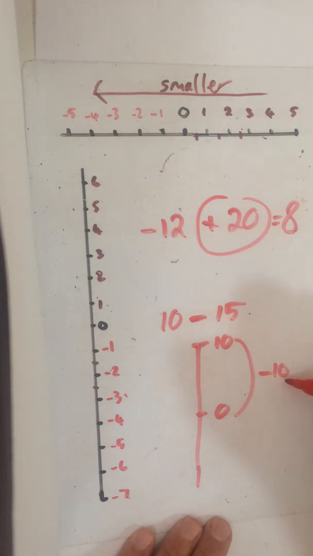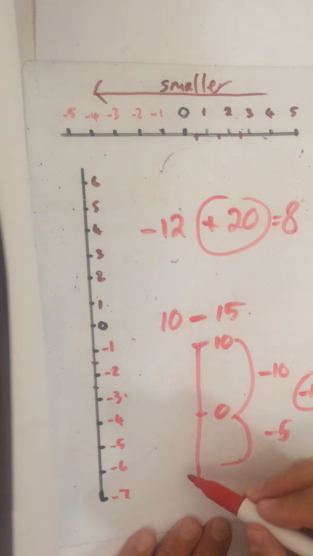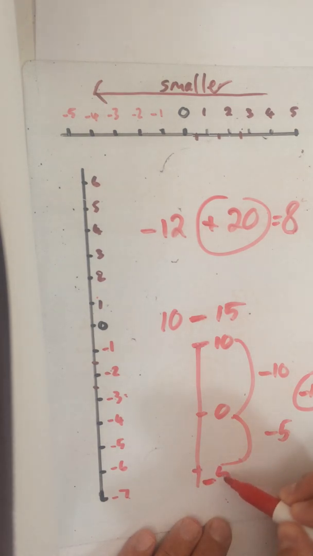How much more do I have to take away from there? Because I'm taking away 15, I have to take away another 5, because in total this is taking away 15. So I go from 10 to 0, take away another 5, and that will leave me with minus 5.